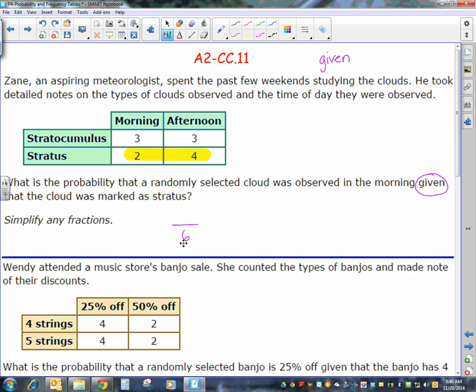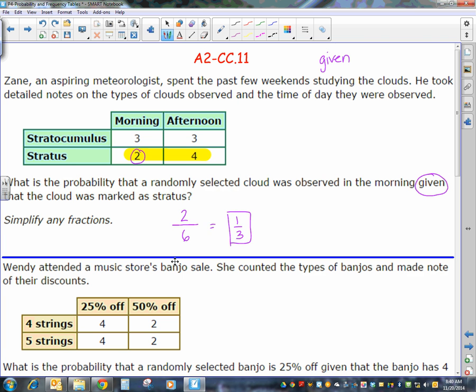So that means my bottom number is going to be 6. And of those, what's the probability the randomly selected cloud was observed in the morning? So I'm only looking at these, and those that are in the morning would be 2 out of 6, which reduces to 1/3.